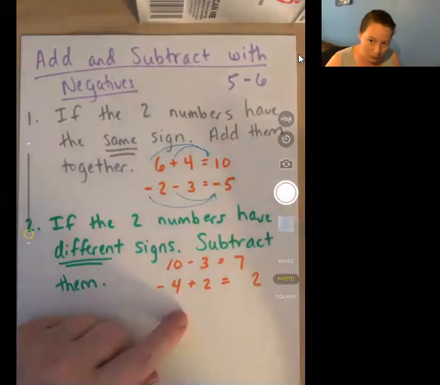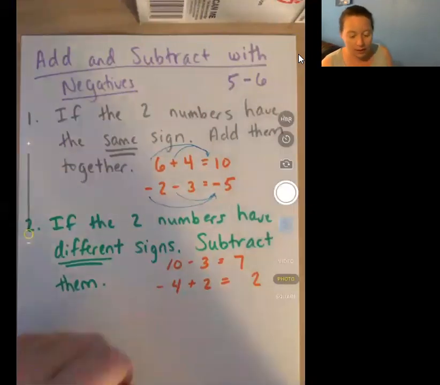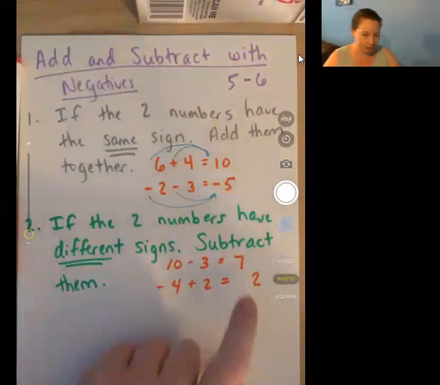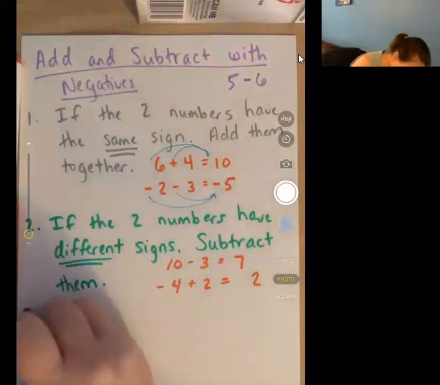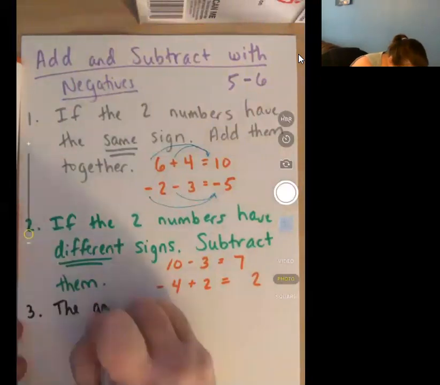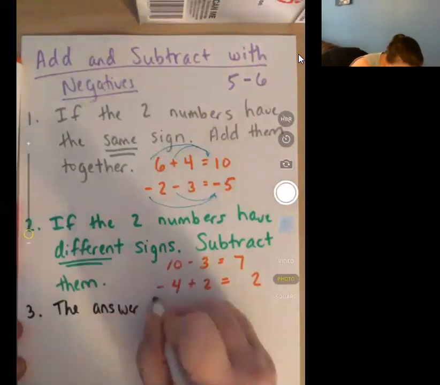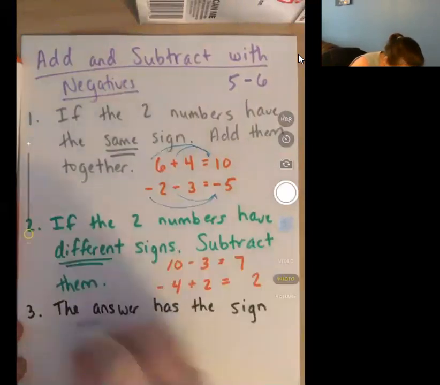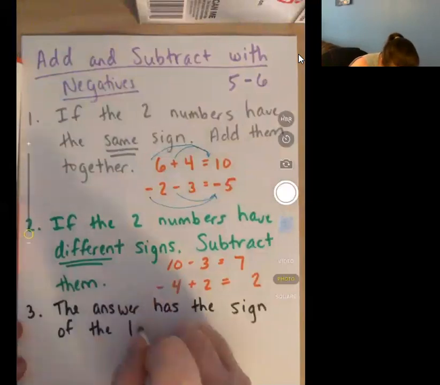Now, we are getting to number 3, in order to figure out what goes in front of these numbers. Number 3 is the answer has the sign of the larger number.